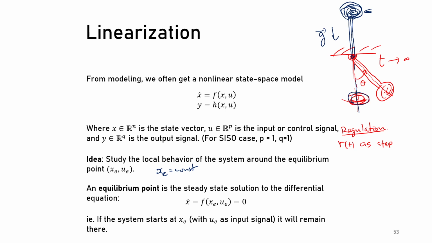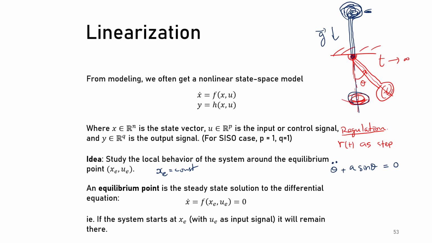That equation looks like this: theta double dot plus a constant times sine theta equal to 0. Without the input, right? So let's say a free motion. There's no control input.